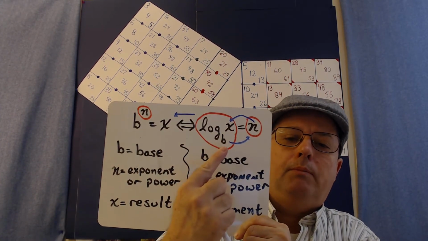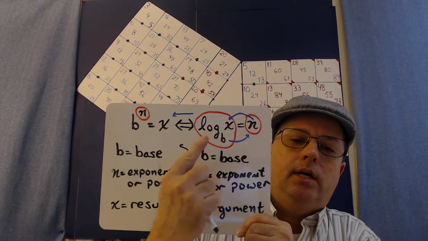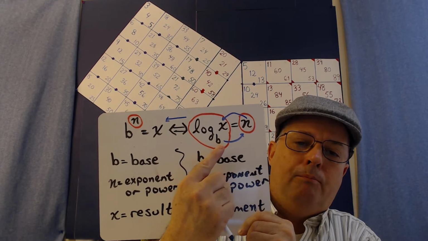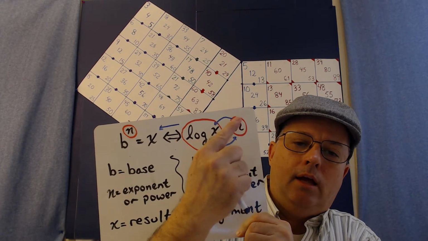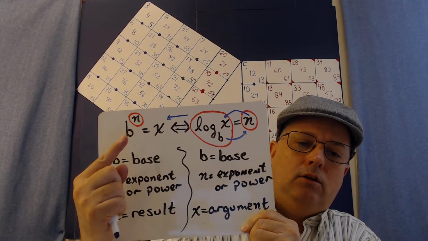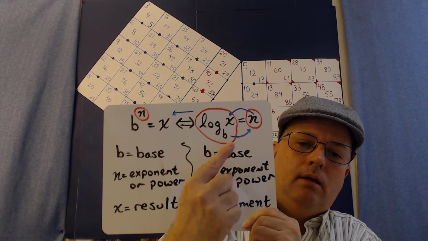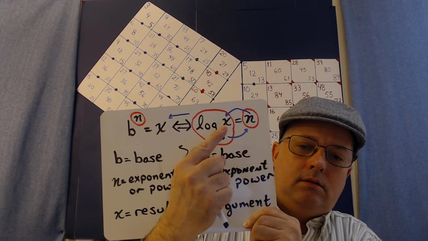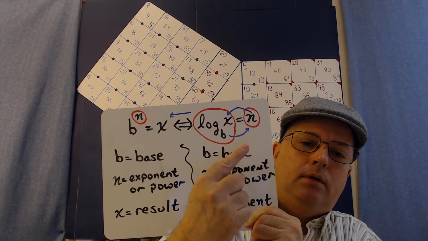And so here we're going to make this round trip. We're going to say log base b of x equals n, and we're going to go from b around to n and back to x. And that takes us back to the original statement: b to the n is x. That's our round trip.